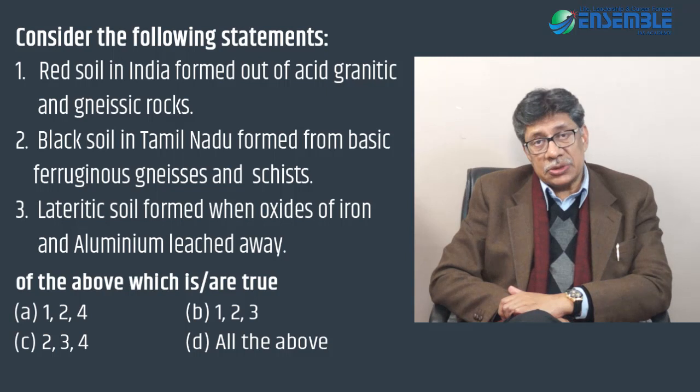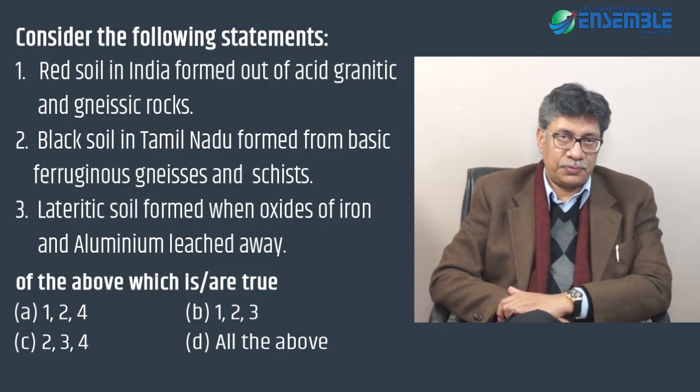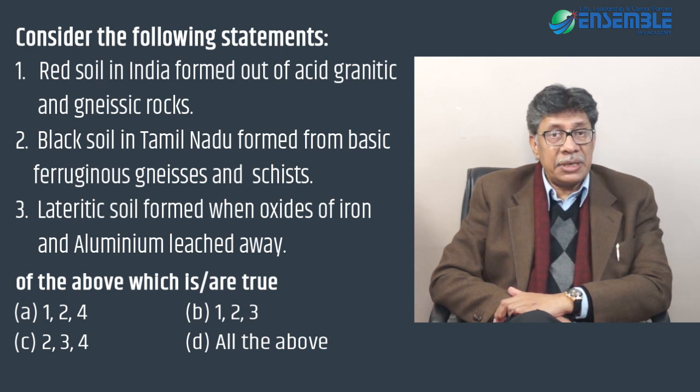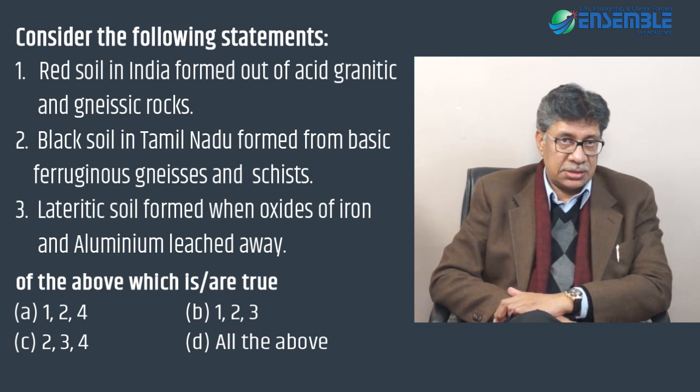Another is a statement type question, the third question you see on the screen. Statement one: red soil in India is formed out of acid, granitic and gneissic rocks. Statement two: black soil in Tamil Nadu forms from basic ferruginous gneisses and schist.